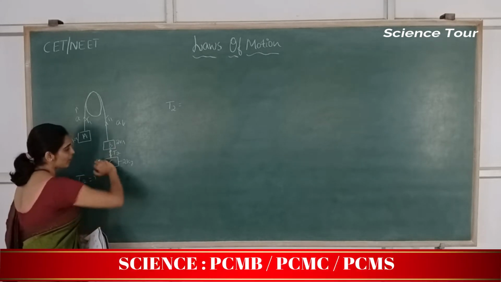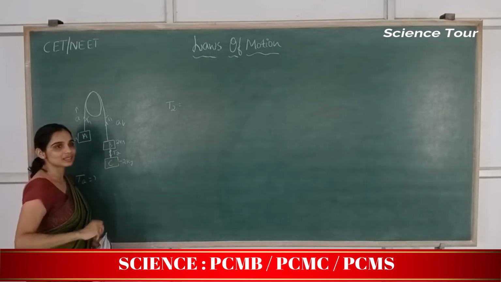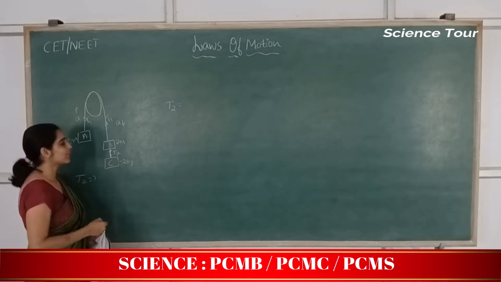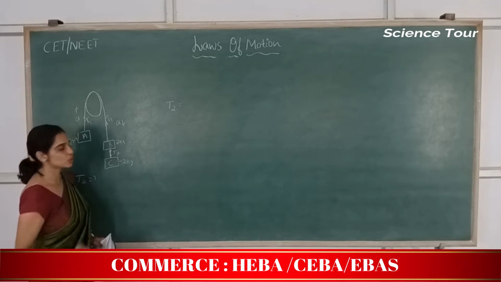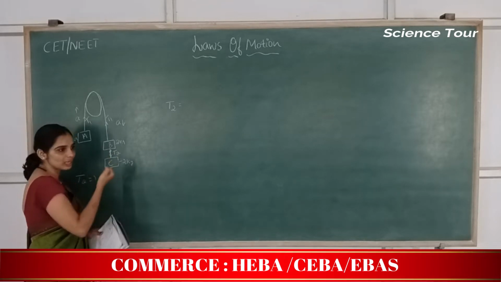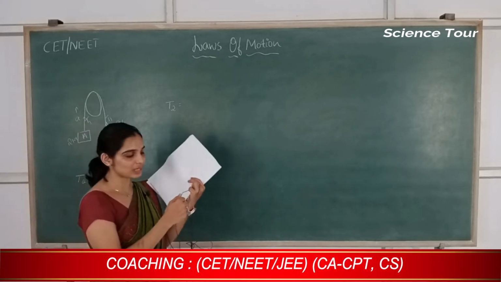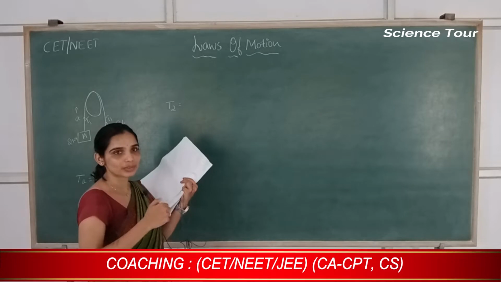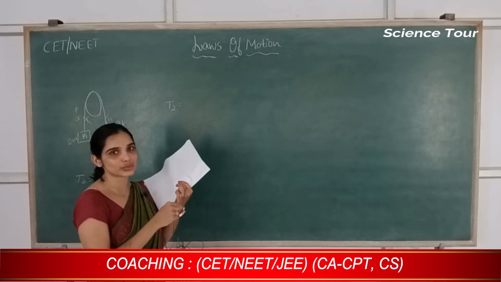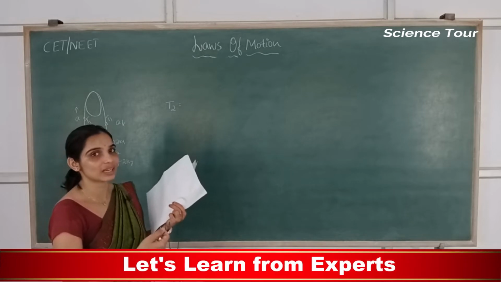It would be just a string connected to B. But now the string is connected to C, so it will be stretched, correct? This wire will be stretched only if I apply a force. If I don't apply the force, it wouldn't stretch, and then there is no tension acting on the string.